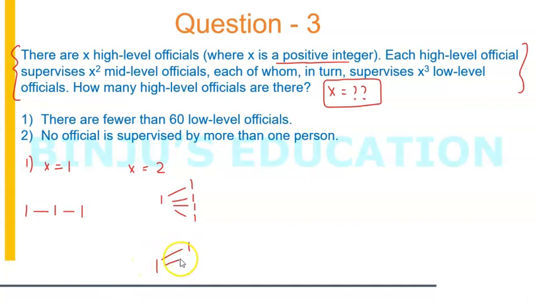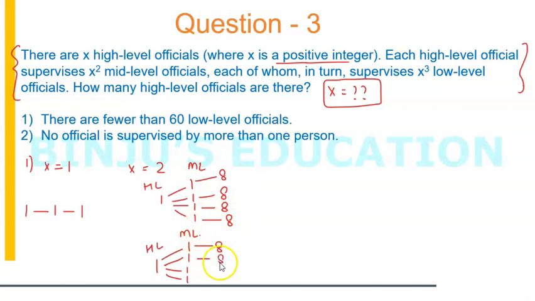So this is high level, and then we have mid level. Now each of whom in turn supervises X cube low officials. X cube is 2 cube, which is 8. So this guy will have 8 under him, this guy will also have 8 under him, and so on for each mid level official.